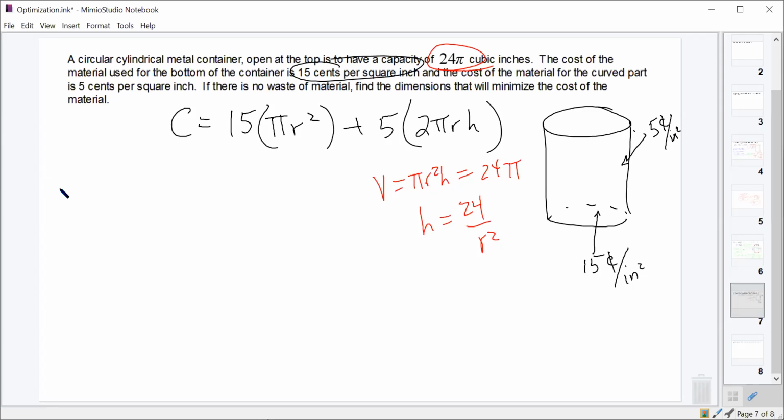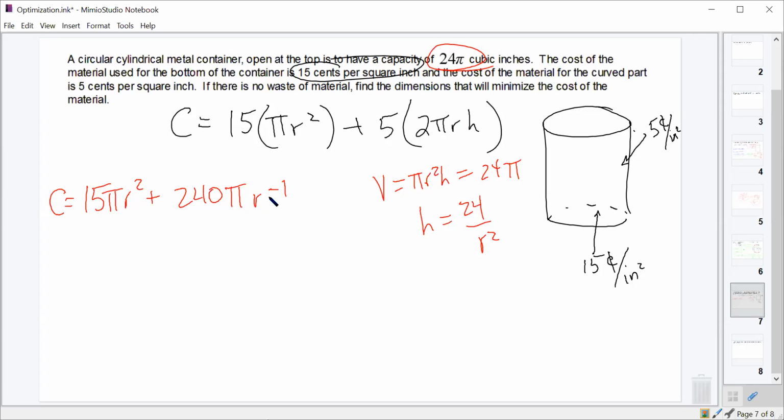And we should be able then to say our cost is 15 pi r squared plus 10 pi r times 24 over r squared. So that'll be 240 pi r over r squared, which would be r to the negative 1.